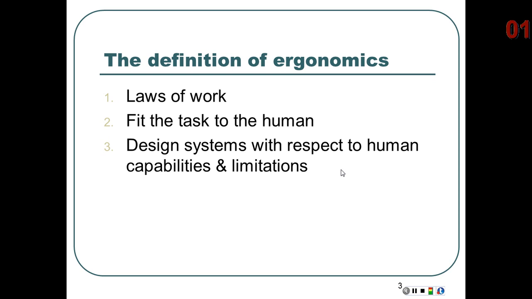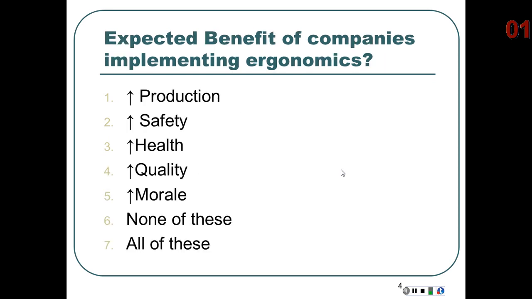Next slide, what are the benefits of ergonomics? If you were going to implement an ergonomics process within your company, what would your company get out of it? So what are the benefits? If you had to pick 1 through 7, you would probably say number 7, all of these. And of course the upward arrow means an increase, so I'm using a little bit of shorthand.